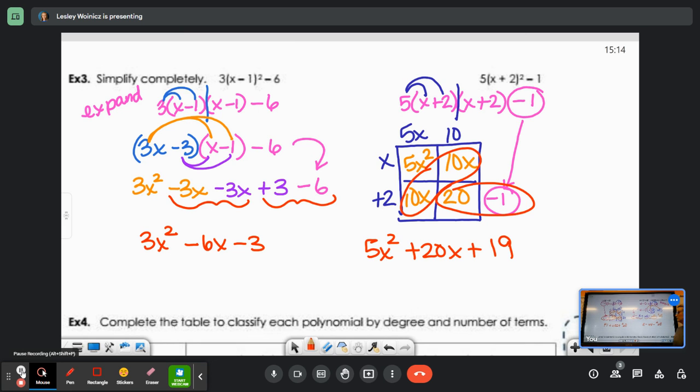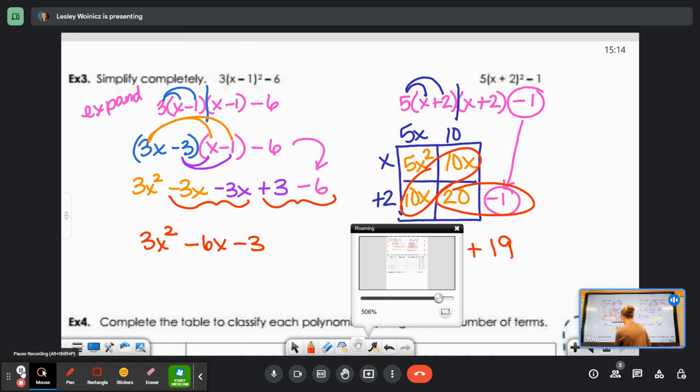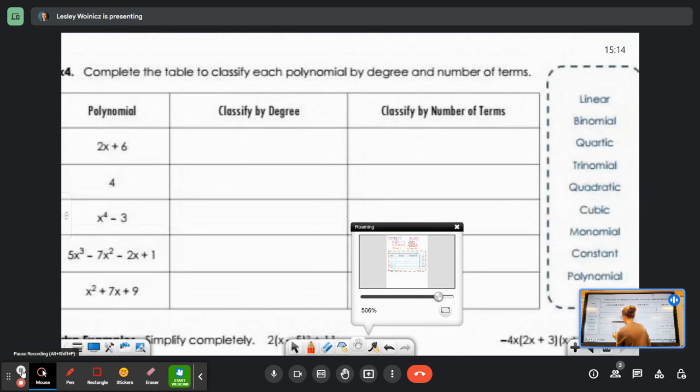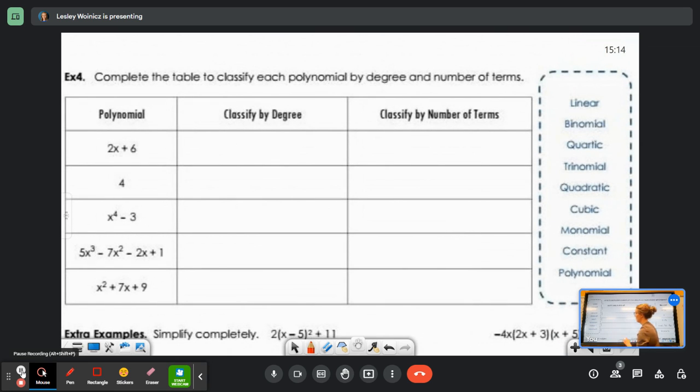Nope. Okay. All right, the last thing I want us to do for sure is see if we can classify these by degree and by number of terms. Remember that degree is the highest power. Here, let me write biggest.